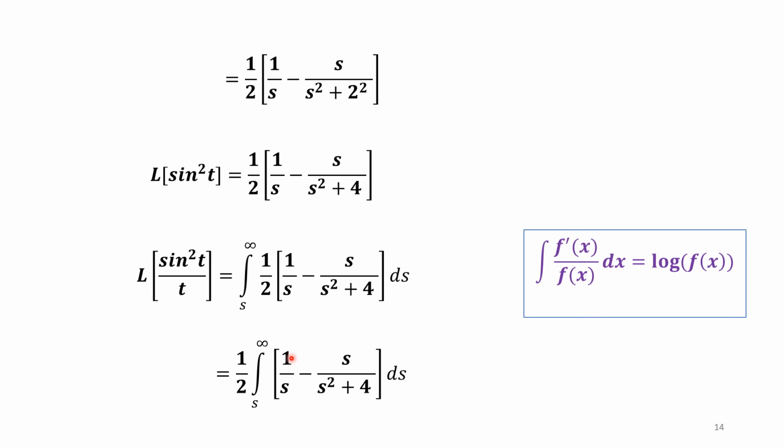This will become log s, and this will become half log of s square plus 4. The derivative of the denominator is there in the numerator, so we can write log of the denominator. So it's log s minus half log of s square plus 4.